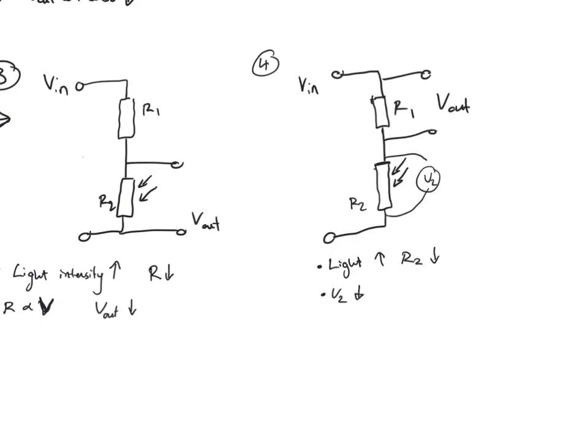will decrease, which means a greater proportion of V in will go to the fixed resistor, so that means that V out will increase in this case, since from Kirchhoff's second law you have less potential difference being given to V2 than V out if the light intensity increases.